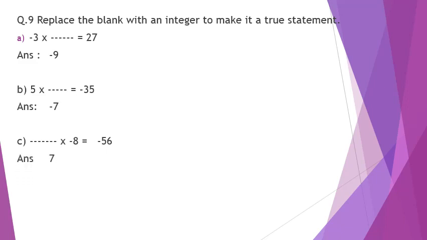So it is 7. Next is dash multiplied by minus 12 equal to 132. The answer is positive, so both integers should be negative. So negative 12 multiplied by negative 11 gives 132. So our answer is minus 11.